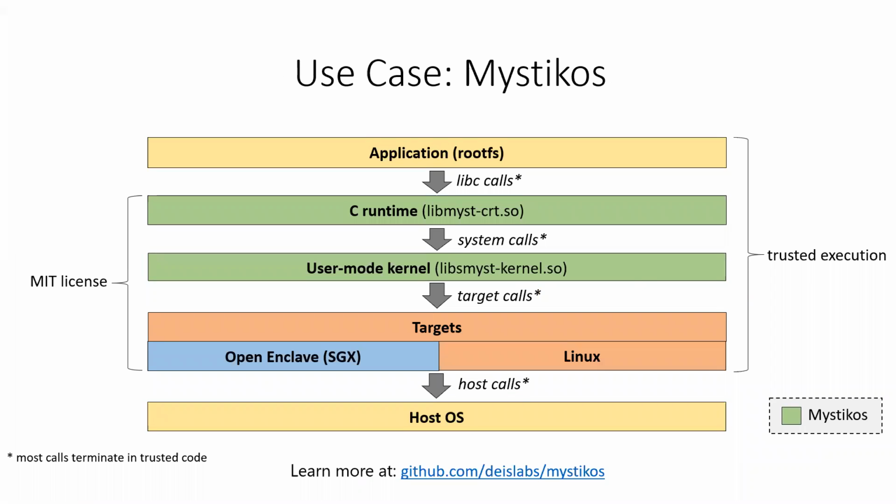We'll show one use case, which is Mystikos, which uses a libOS-like design that supports the application with a lift-and-shift approach. So it supports either native or containerized applications. For the abstraction targets, you can see in the graph, it uses Open Enclave for the abstraction support.